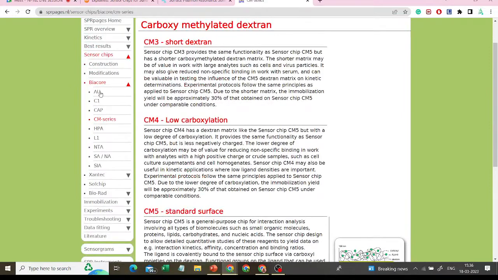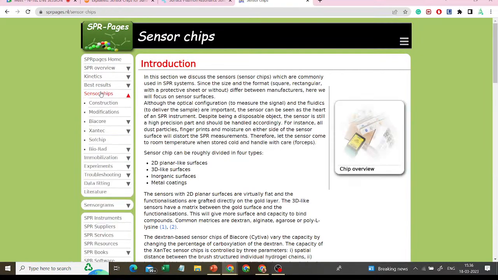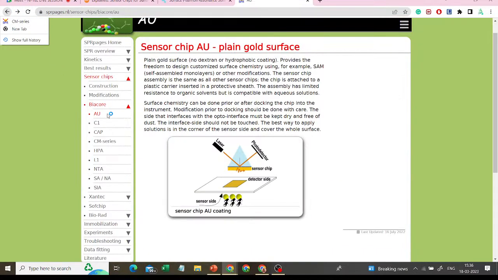So you can go here: it is a sensor chip Au, which is your plain gold surface. Plain gold sensor chips are used with thiol groups.